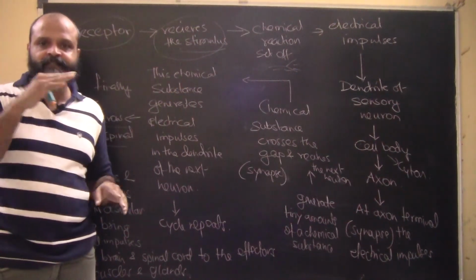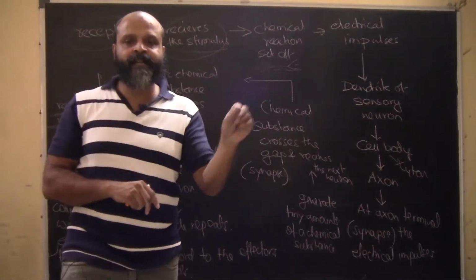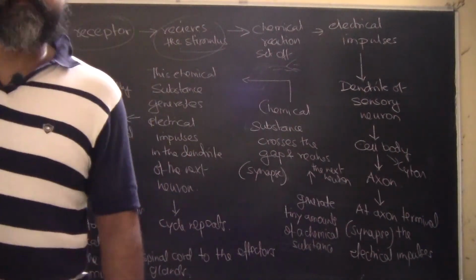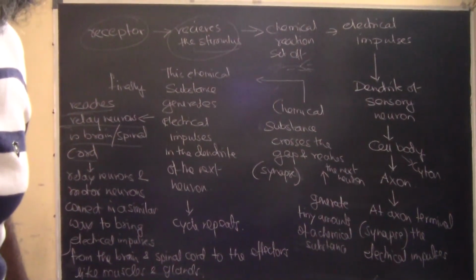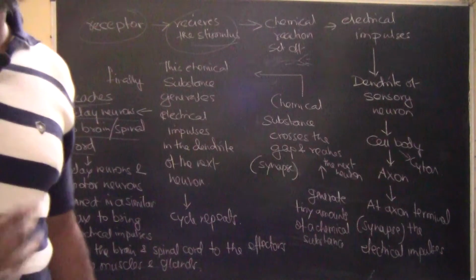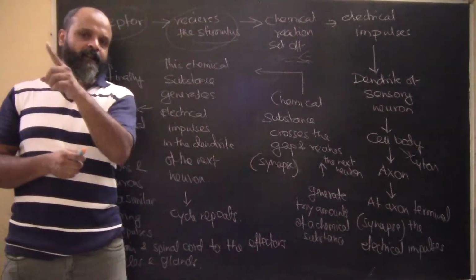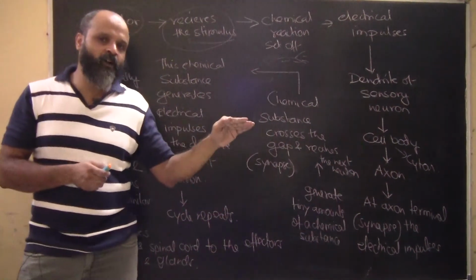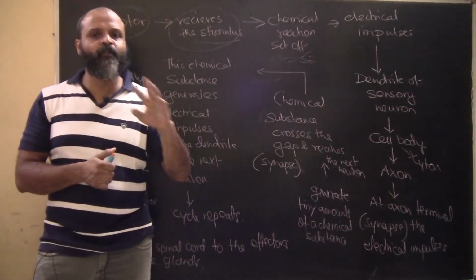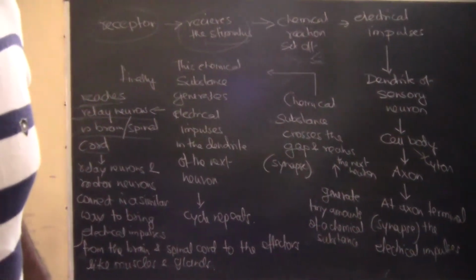In the same way means the same electrical impulses, chemical impulses, then going through the synapse and so on and so forth. So the process is almost the same. This is something that is happening every time. When it is going from the receptor to the spinal cord, it happens in the same way, and from the spinal cord to the effector organs, it goes in the same way.